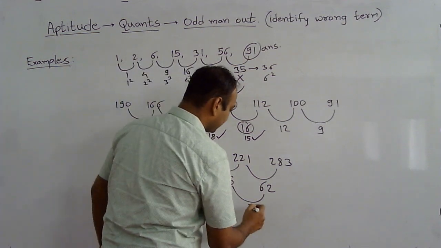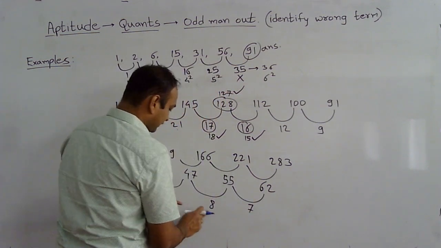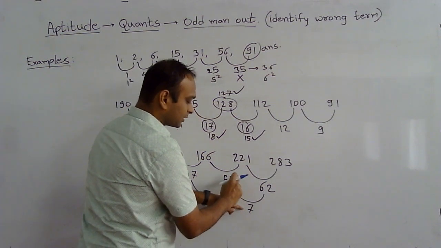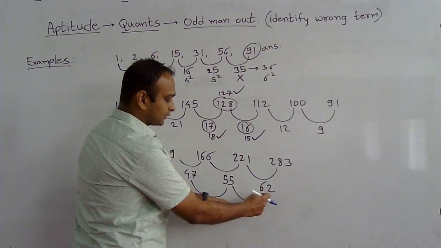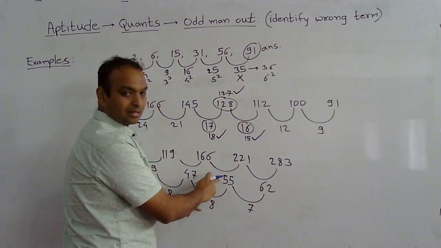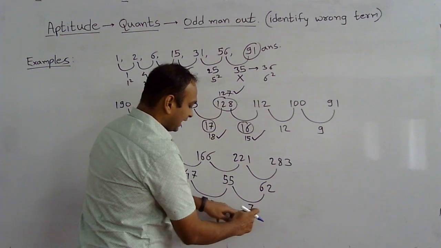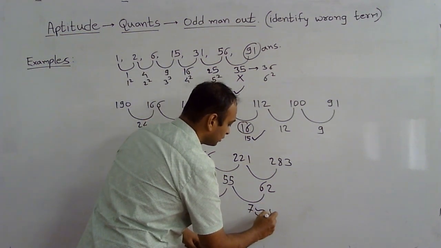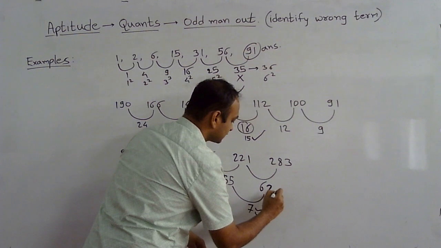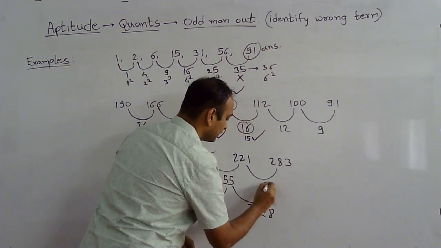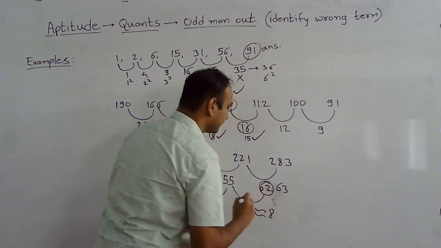So if this difference is 8, then we can say that the logic is perfect. Since these are perfect, both these numbers are perfect, but this is wrong, so there must be something wrong with this or this. But according to this logic, this number is perfect, so we have to deal with this. To make it 8 over here, we can make this 63. So I will mention that 62 as it is, and we'll circle it, we'll make it 63.